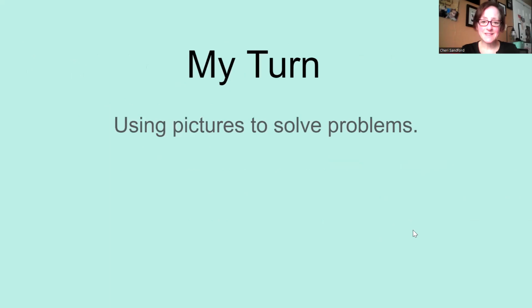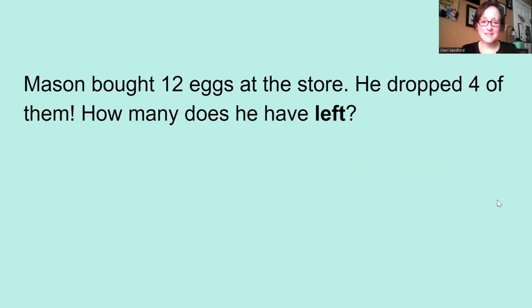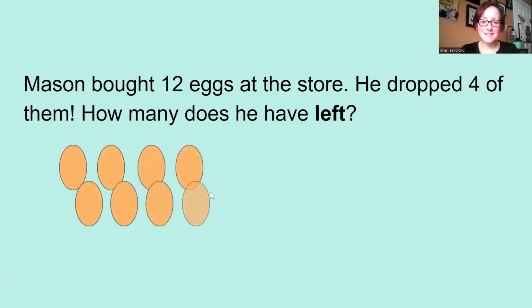So it's my turn, guys. I want you to watch me use pictures to solve a problem. I just used the insert function on my Google Slides to draw these pictures. So Mason bought 12 eggs at the store. 1, 2, 3, 4, 5, 6, 7, 8, 9, 10, 11, 12.